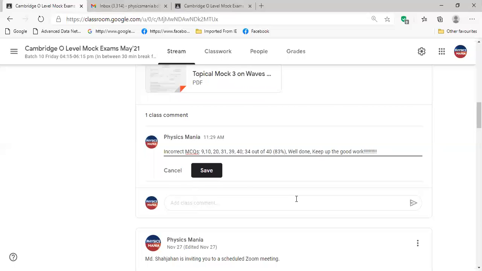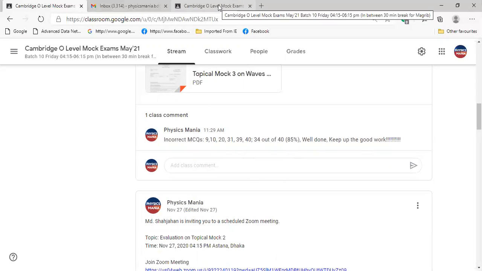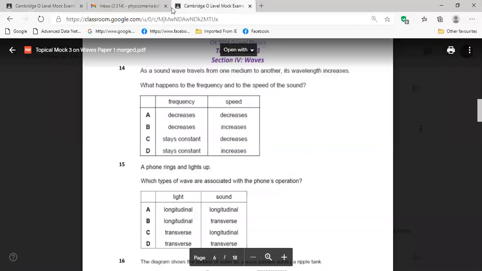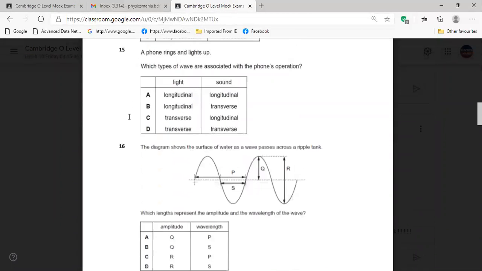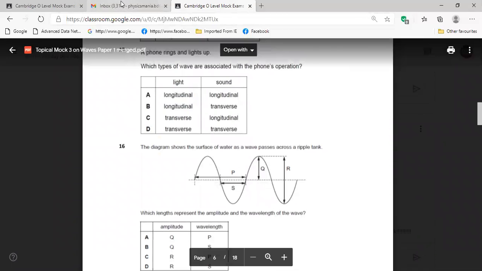Yeah, check please. 85%. Okay, great. So your wavelength increased, and your speed also increased. Then which one is next?